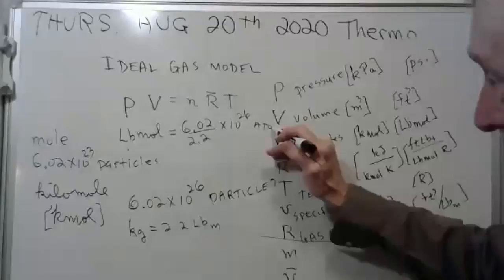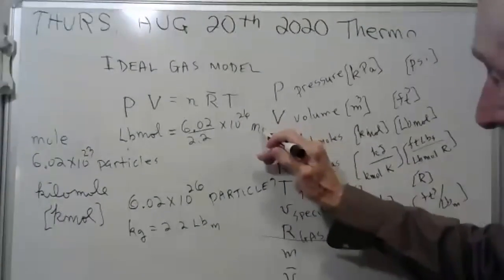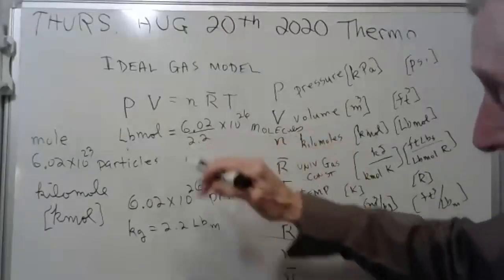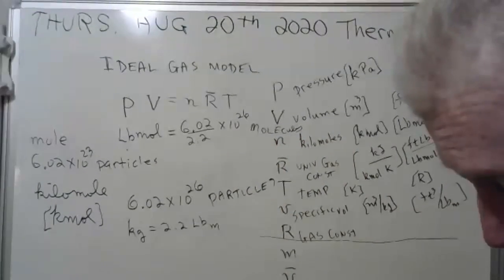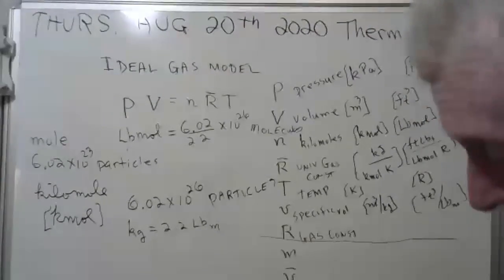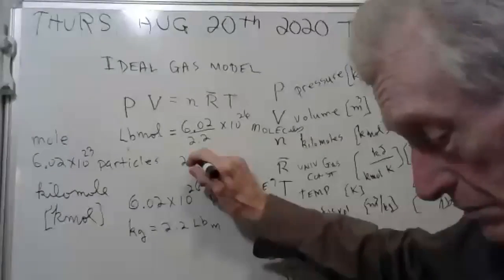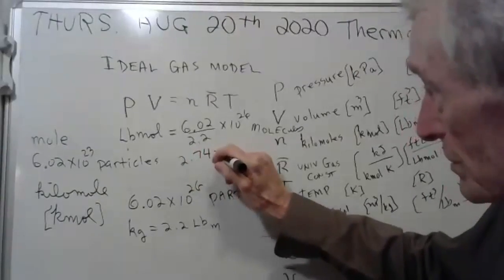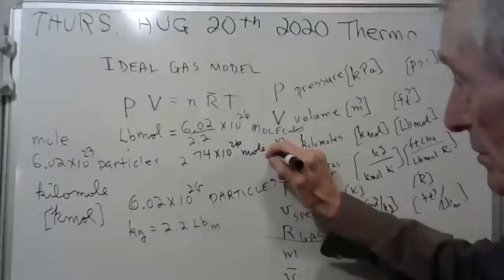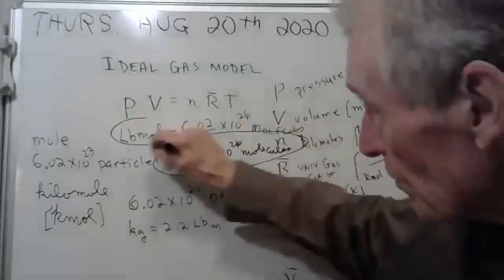Usually we deal with molecules, though, like O2 maybe. What's 6.02 divided by 2.2? There we go. A pound mole is 2.74 times 10 to the 26 molecules. There you go. Now you know what a pound mole is.